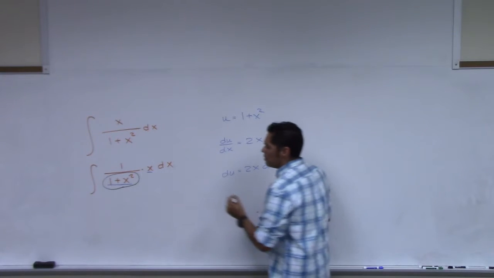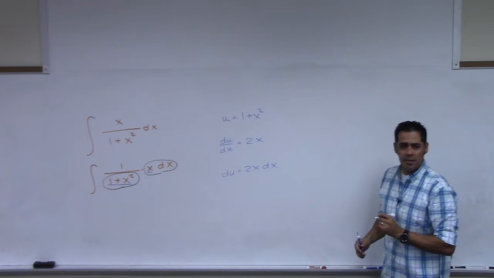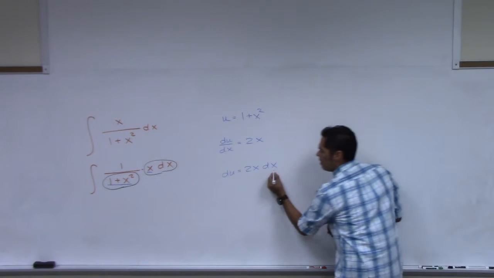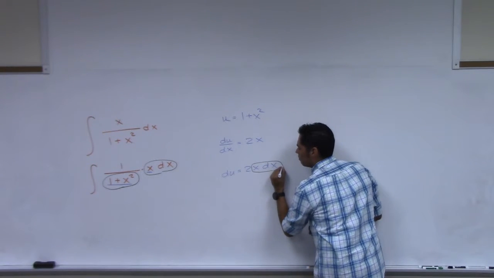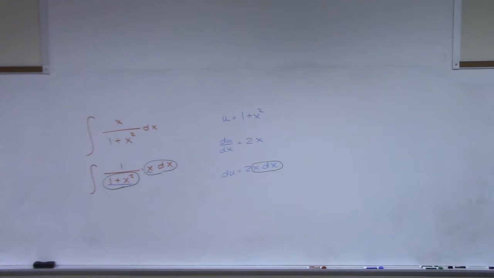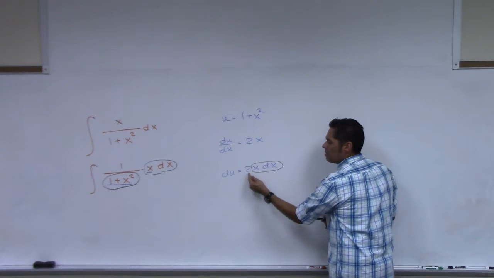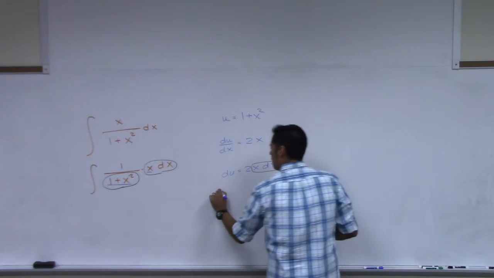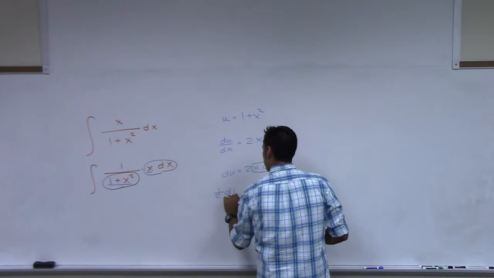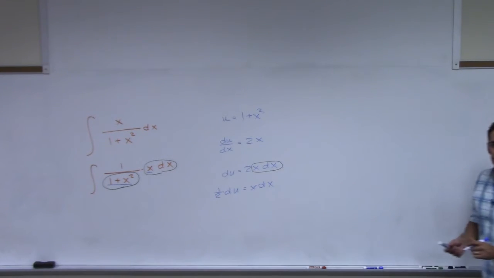The only other thing I need to replace is x dx. I need to replace that with something, don't I? Do y'all see right here x dx? Yes? I would like to get this by itself. So what could I do to get it by itself? Divide both sides by 2. So do you agree that this is 1/2 du equals x dx? Yes?